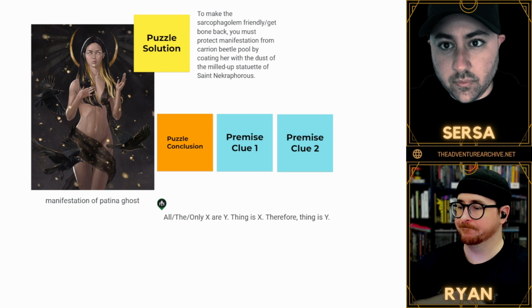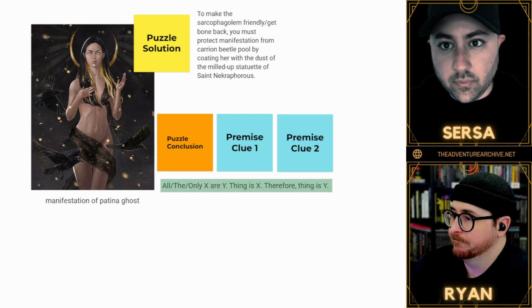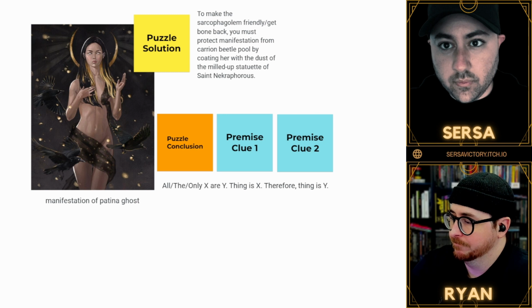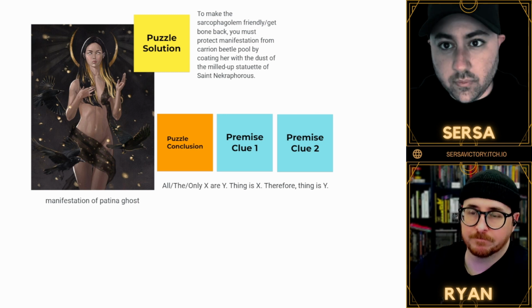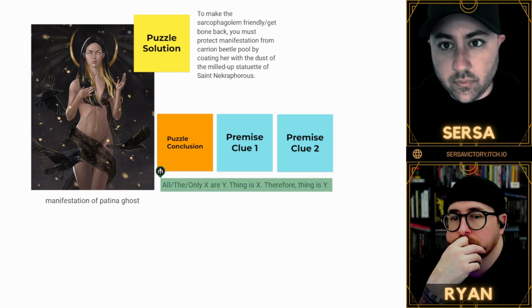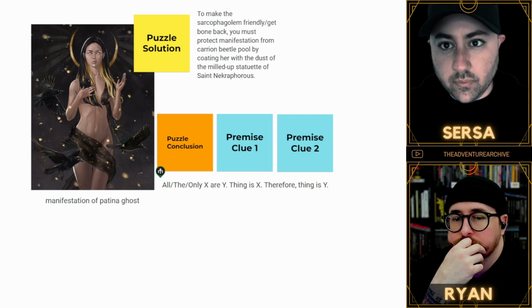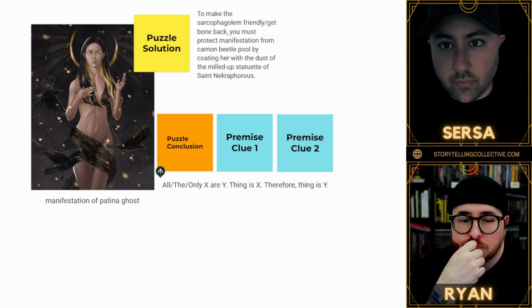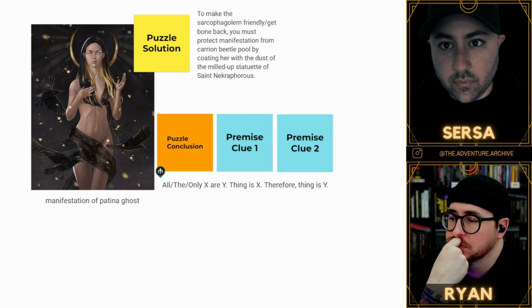But basically what we have here is a form of syllogism, a logical structure that human beings use to reason from premises. We'll be using a really common type called the categorical syllogism. So kind of like what we did before, we have this little template here, and we're going to fill this template out to come up with the clues for our puzzle.